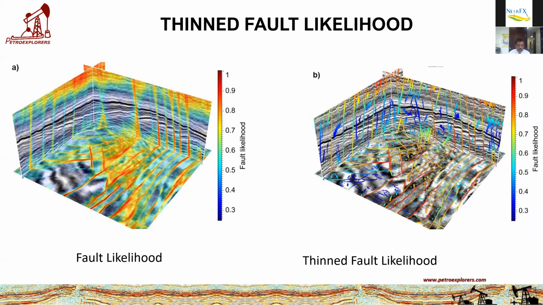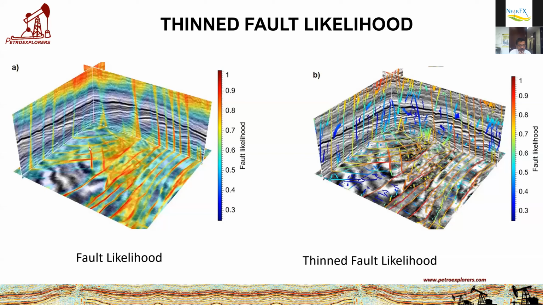Thinning will not make it exactly one, but it really sharpens up the whole system. And then you can see the cross faulting: even faults which cross each other were separately taken as planes, which was a big plus over ant tracking and other tools available at that time, which could not extract faults crossing each other into single planes.